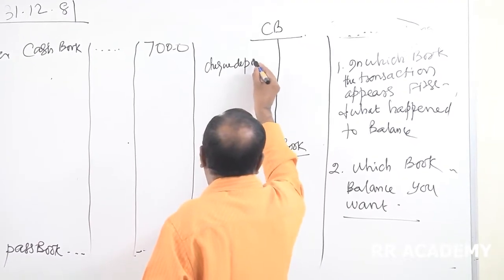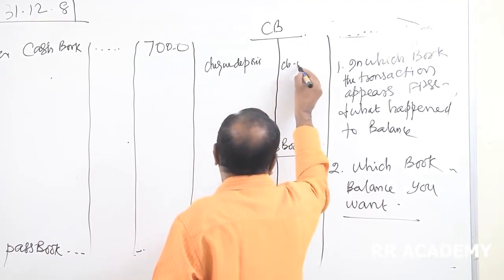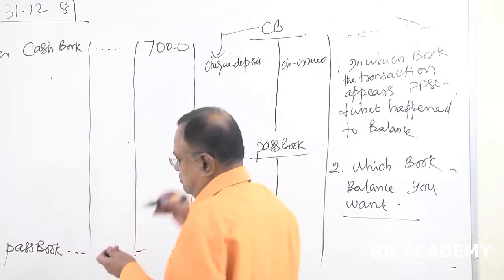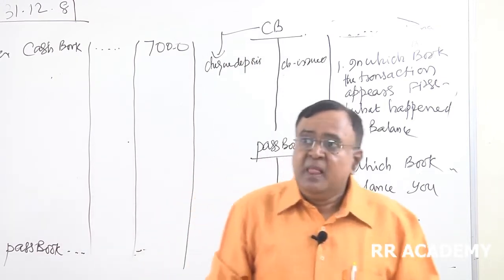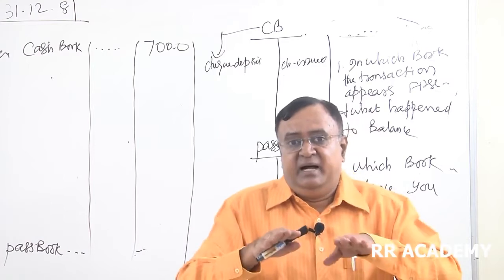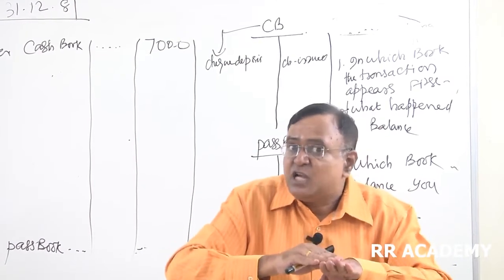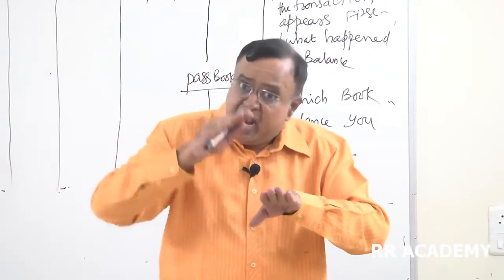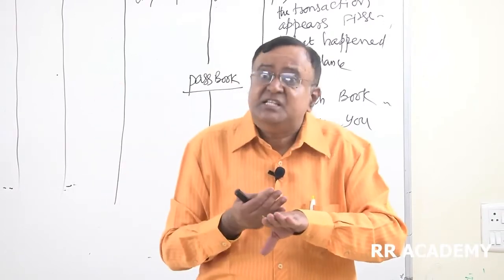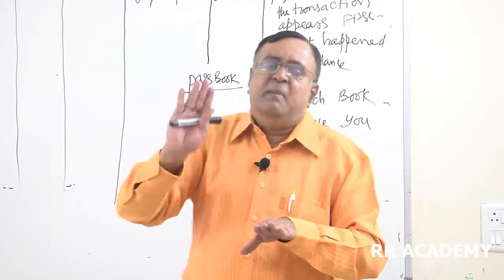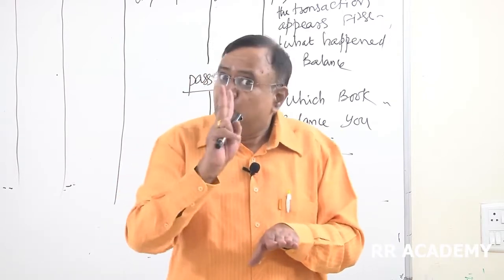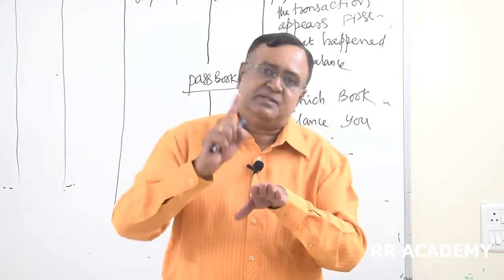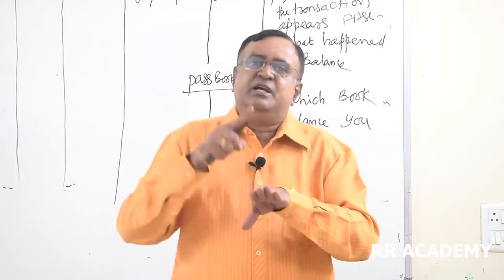Please remember, when we receive a check from our customer, it will be entered in the cash book first by our accountant. The check will not go to the bank directly. There are two items which are entered in the cash book first: check received and check issued.